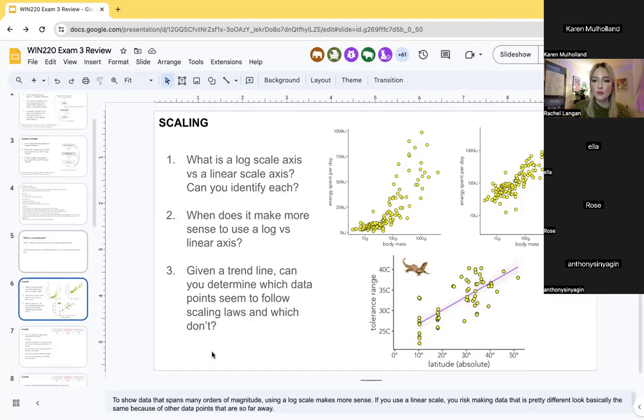Sorry, I think you already said this, but can you define again what is the log scale axis versus linear scale axis, like the definitions? Yeah, so a linear scale axis changes additively by the same amount, whereas a log scale changes by some multiplication of some number. I think the real word, and I avoid saying it because I can't say it, but it changes multiplicatively.